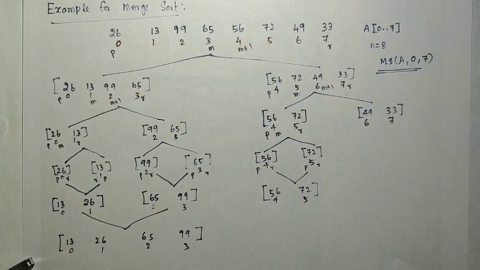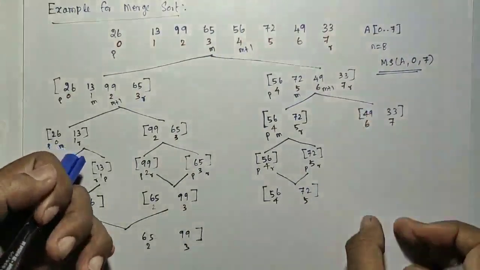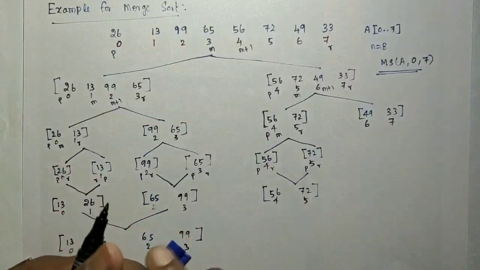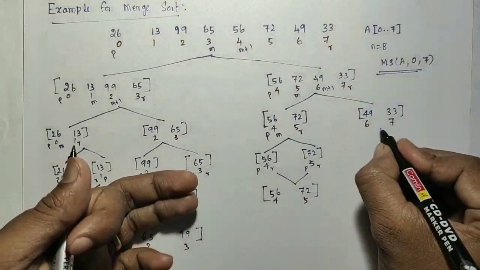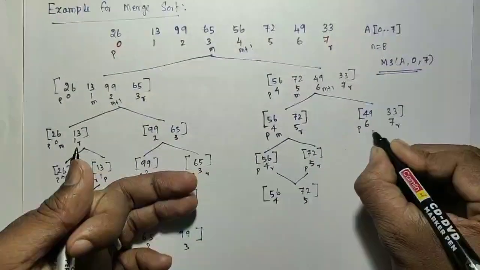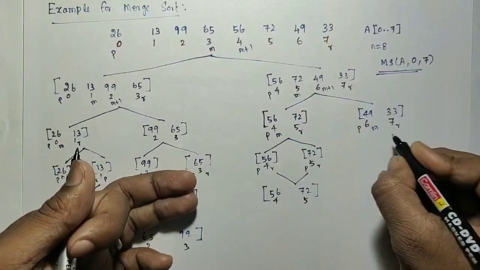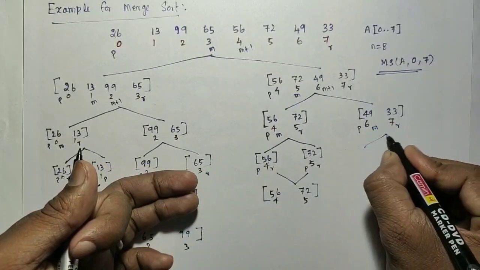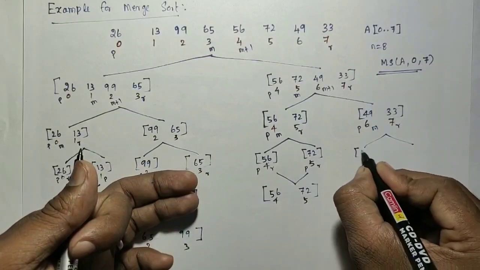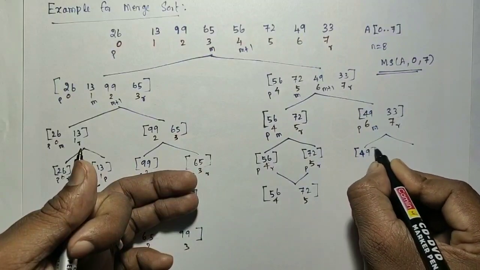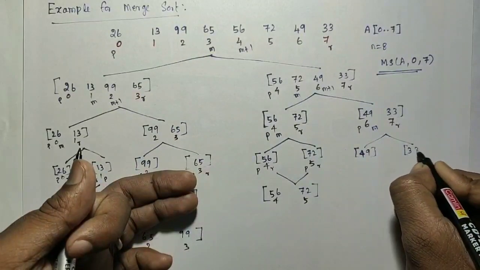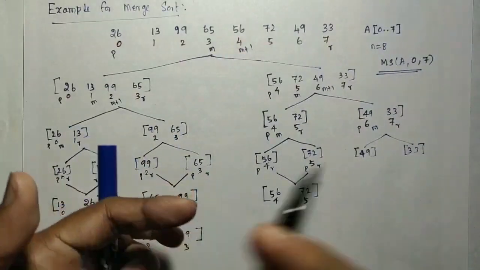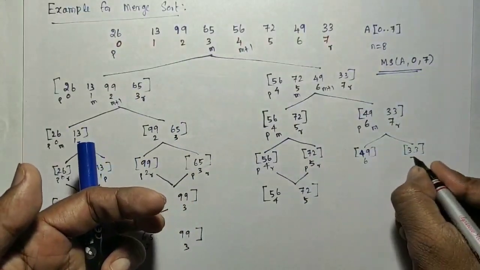Now this one has to be sorted, so here I have to do the splitting. This is P and this is R and this is M, and this is M plus 1. If you are splitting into 2, 49 on the left and 33 on the right, the indices are 6 and 7.